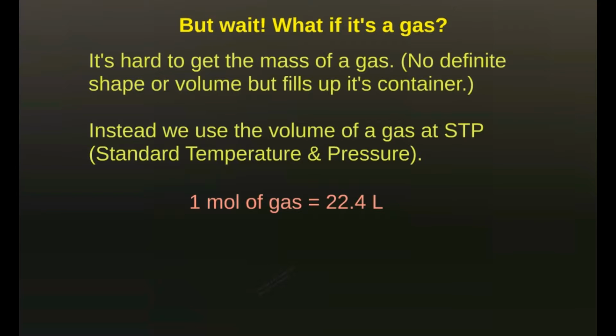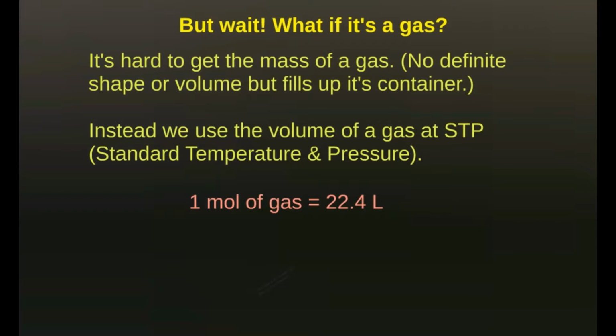If you have 32 grams of oxygen, that's 1 mole of gas. That 1 mole of gas is going to occupy 22.4 liters, which is actually a lot if you think about it, because gases fill up their whole container. It's hard to measure them because they fill up whatever the volume is. Remember, there's a lot of space in between.